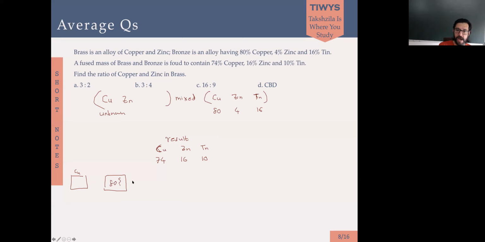And I know the result is also 74% copper, right? But if I look at the unknowns, I don't even know the volume. So after some time, you'll realize, oh, what is the volume of this? What is volume of one, volume of two? This is also unknown. So there are a couple of unknown things here.